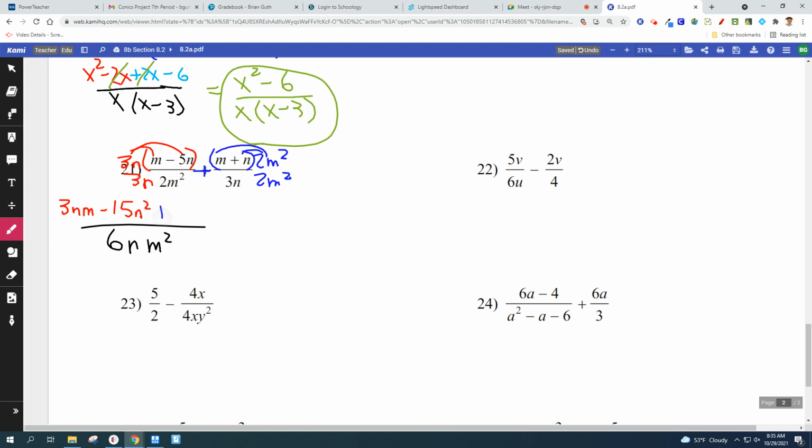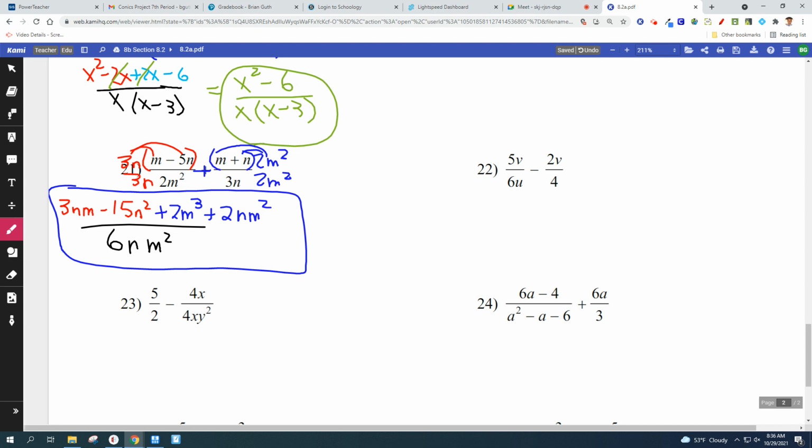That's going to be plus 2m cubed plus 2nm squared. Do I have any like terms? Do I have any GCF? Not like. So there's nothing really to do. This one looks really complicated, but there's nothing else to do.